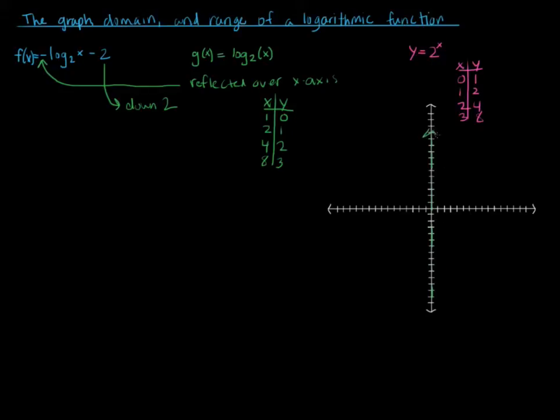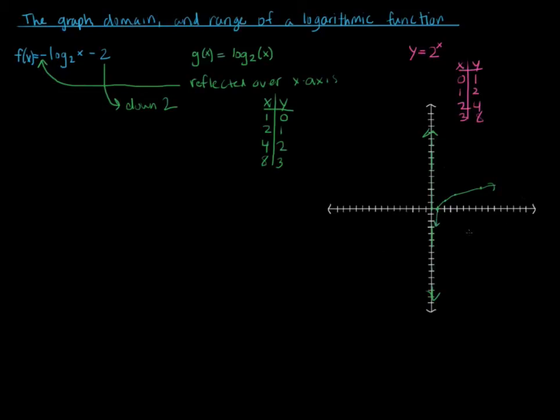Okay, so that's the asymptote. And then we have 1, 0, 2, 1, 4, 2, and 8, 3. Okay, so we're going like this, and then we're going down toward the asymptote.